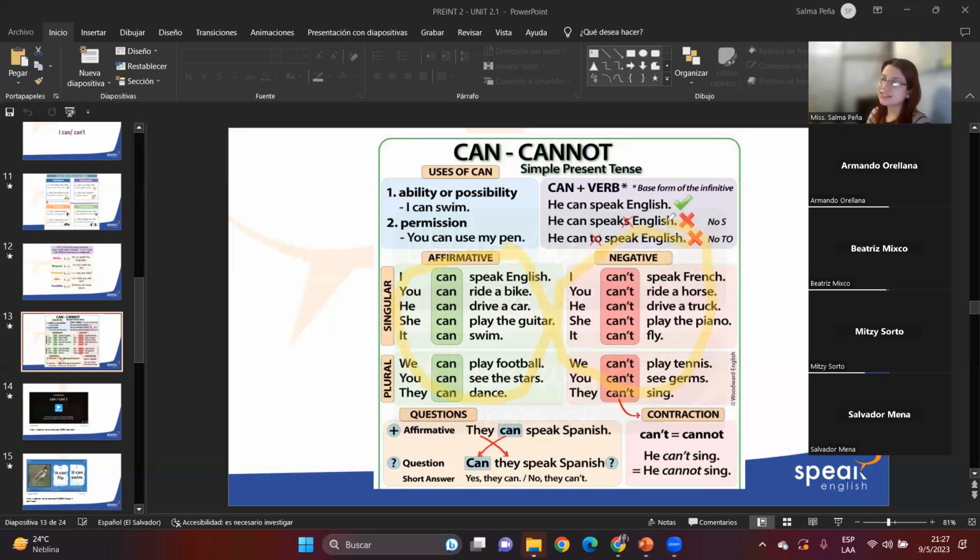And do not forget the emphasis or the voice tone that we use to create a question, because it's like in Spanish. If you don't give the correct voice tone, that could be confusing and they probably will not understand that you are asking something. It's like, can, up. Can they speak Spanish?